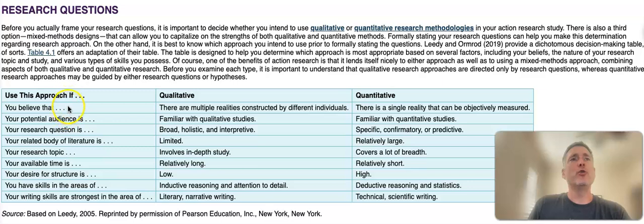Then, okay, use this approach if your potential audience is familiar with qualitative studies, use qualitative, familiar with quantitative, use quantitative. I mean, look, I think yes, if your potential audience is more used to certain methods, that's a plus. But at the same time, what does that mean, right? Let's say you want to do a qualitative study, but your audience is mostly familiar with quantitative studies.